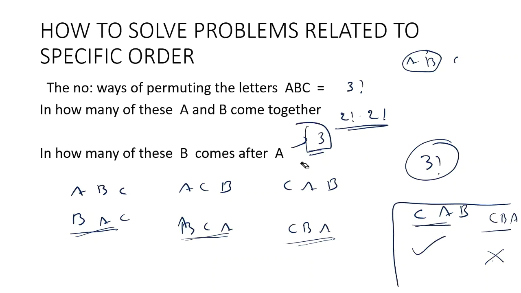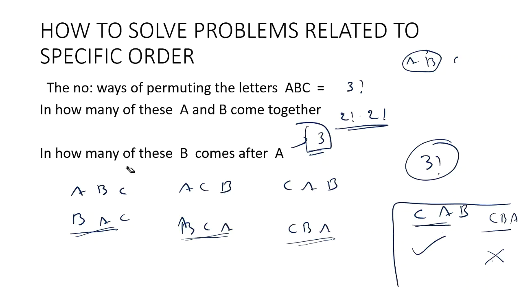In how many arrangements does B come after A? These are the 6 arrangements that we have. Out of these 6 arrangements, we are not interested in this one, because in this arrangement B is coming before A. Similarly in these two arrangements also, B is coming before A. So I am interested in only these 3 arrangements.